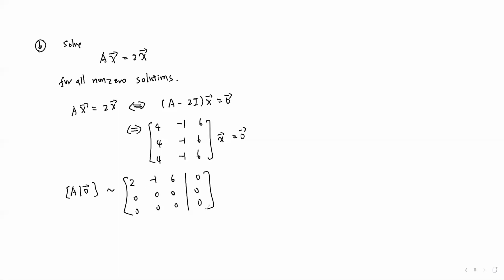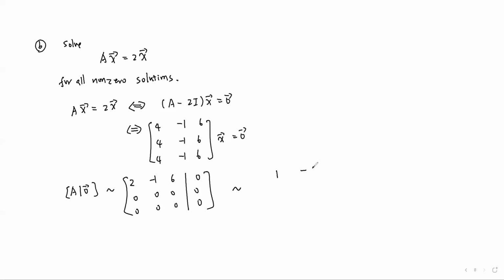Now in part B, we want to find all the solutions of this equation. So continue. This is an echelon form, but not yet in reduced echelon form. Reduced echelon form requires the leading entry to be 1. So scale row 1 by 1/2.